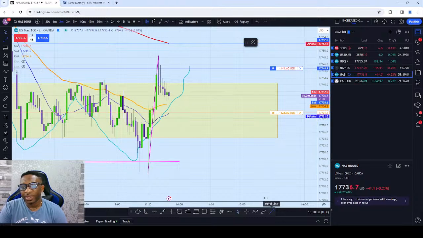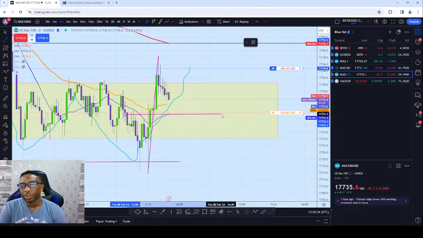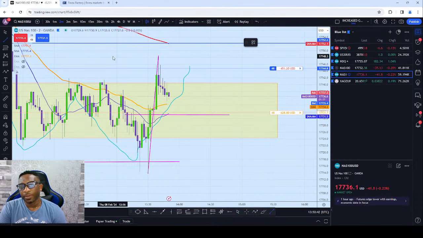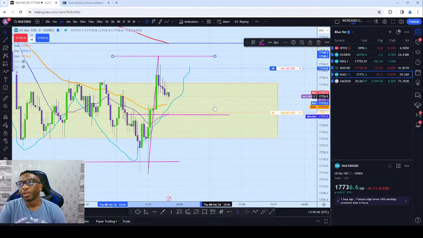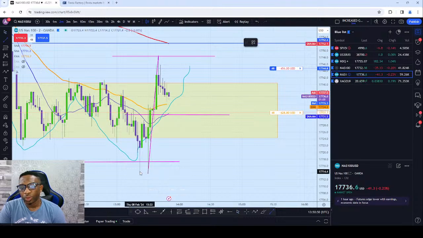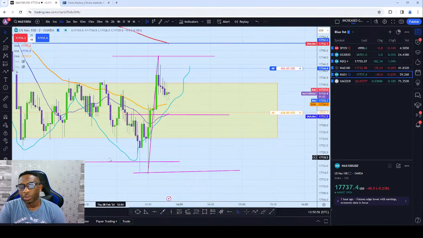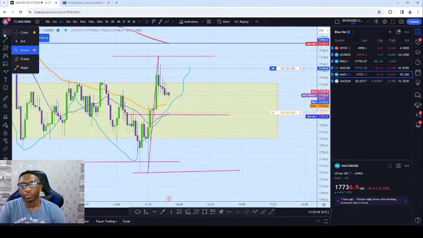So from what I was teaching you earlier on, I said when this happens, I normally divide this whole move into two halves. Then I divide the top half into two again. So this is the high of it and the low of the move.